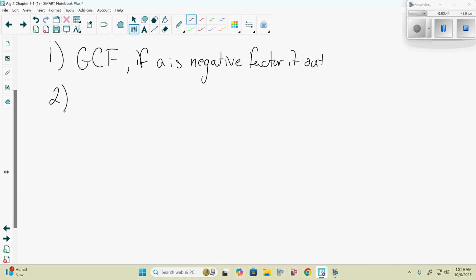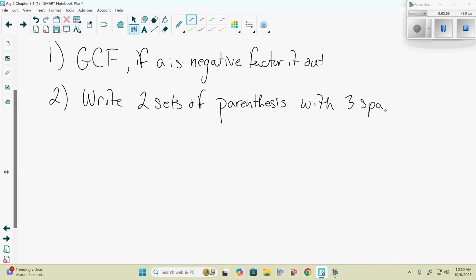After we find the greatest common factor, we're going to write two sets of parentheses with 3 spaces. We want to have 2 sets of parentheses with 3 spaces.